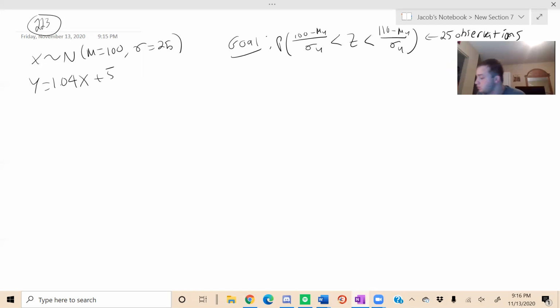All righty. So we need to find the mean of Y and the standard deviation of Y.